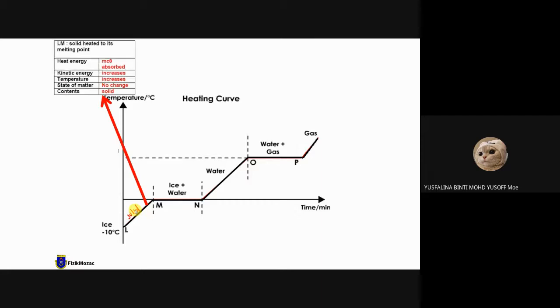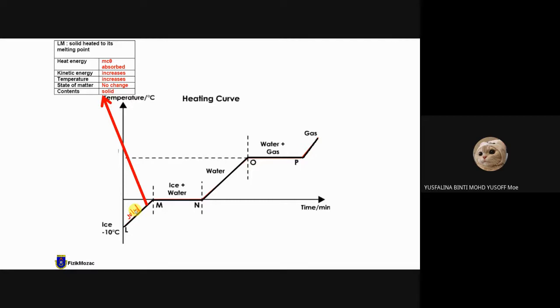So to calculate the heat energy, of course you use mc theta. The kinetic energy at this part increases, and the temperature must increase because specific heat capacity involves a change of temperature. And the state of matter does not change, because this is specific heat capacity. A phase change only occurs with the specific latent heat.